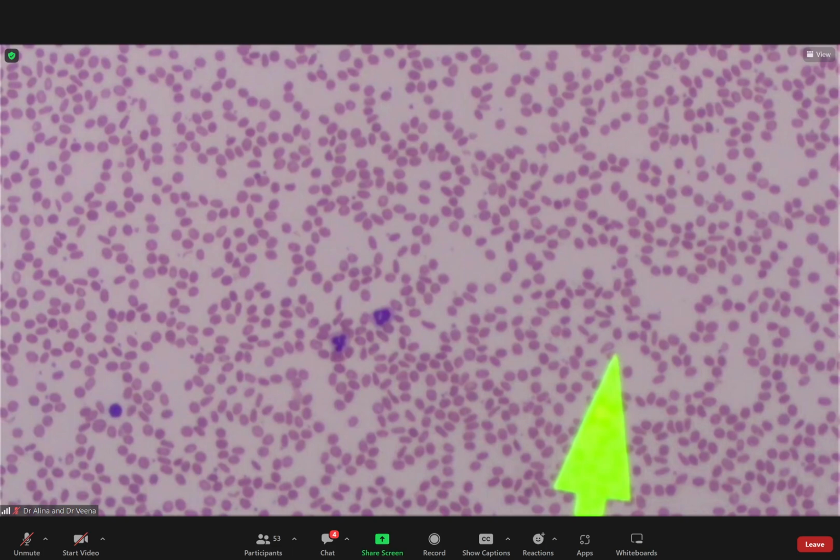Even on the film, you can't really appreciate hypochromic microcytic red cells; it's more of these elliptocytes. In other cases we didn't bother to give you indices. This one, we gave you indices so that you don't write IDA, but still some wrote IDA. But it's okay. Of course, it's a half mark.